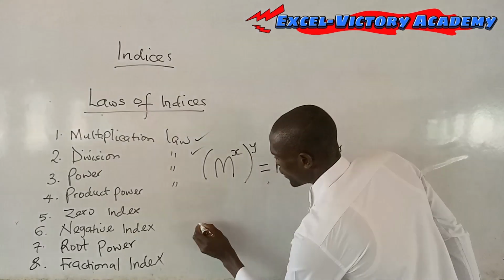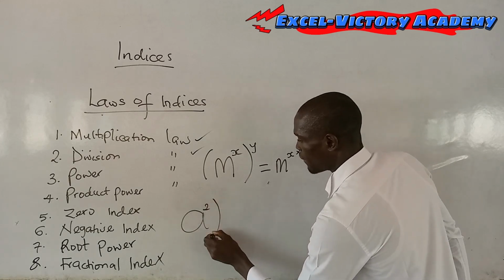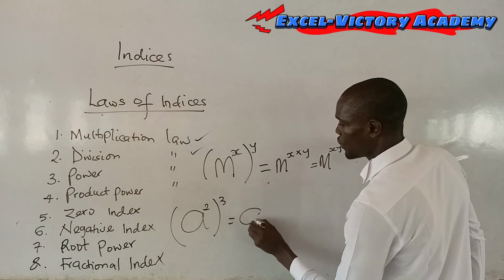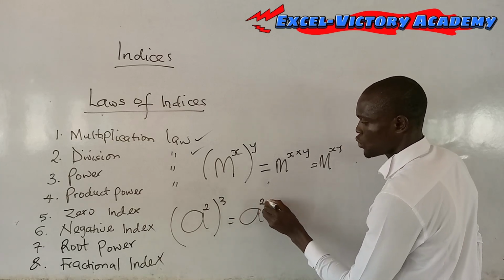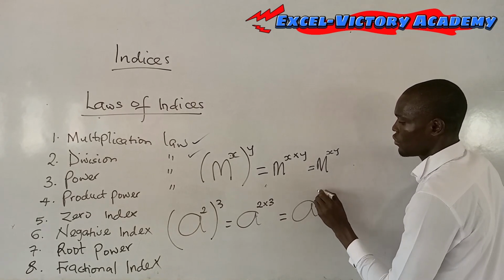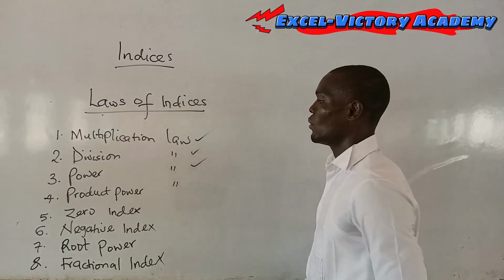Also, if you have a raised to power 2 and further raised to power 3, this is equal to a raised to power 2 times 3, which is equal to a raised to power 6. Alright, that is all on power law.